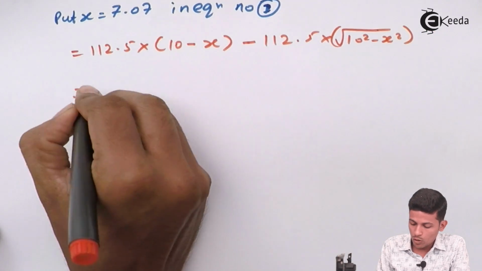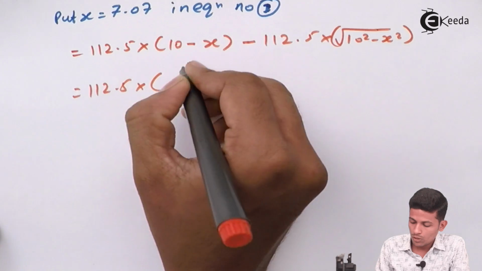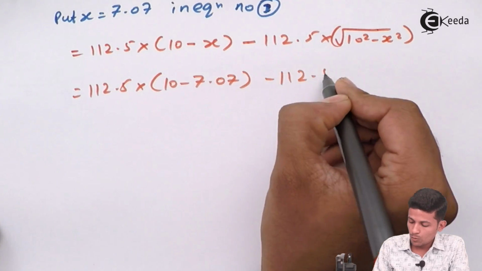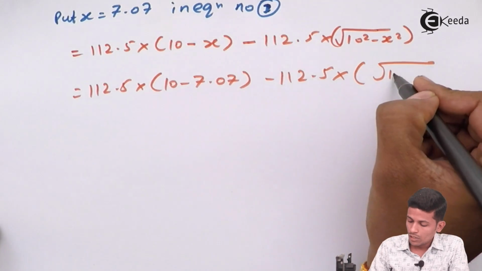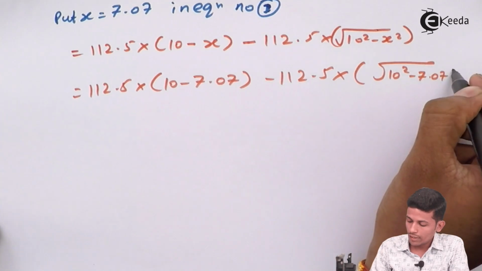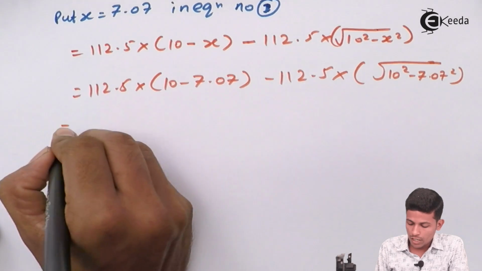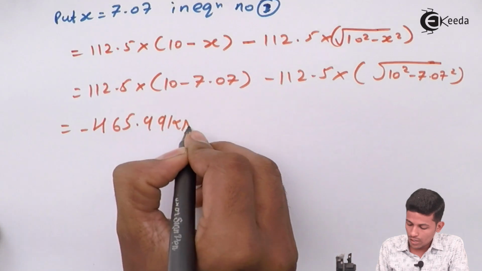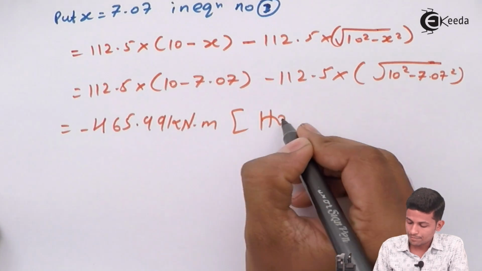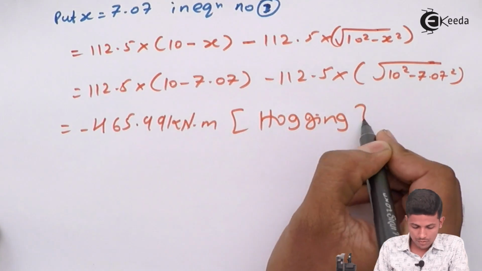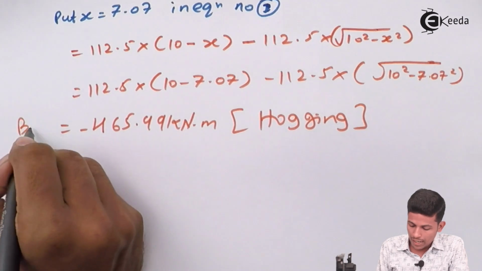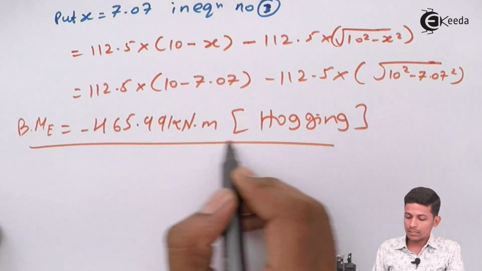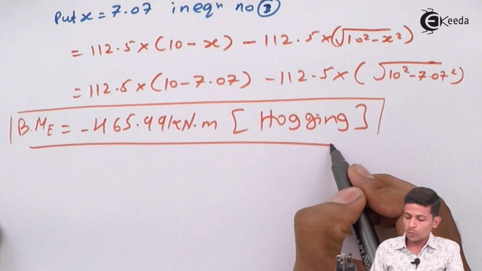So put the value: 112.5 into 10 minus 7.07 minus 112.5 into under root 10 square minus 7.07 the whole square. Here we got the value of 446.5 kilonewton meter, which is nothing but hogging. Hogging is nothing but negative bending moment over here.